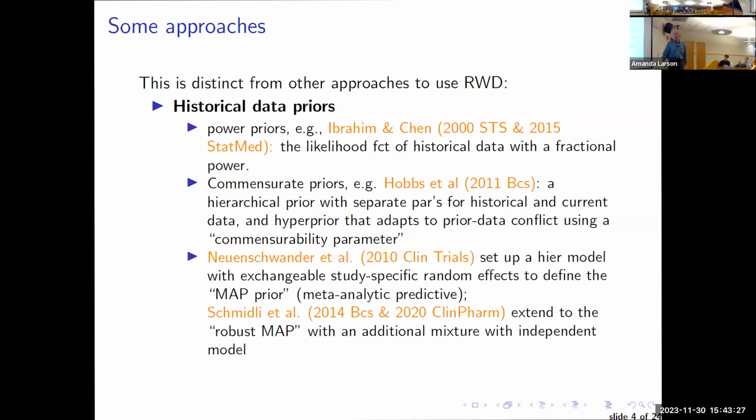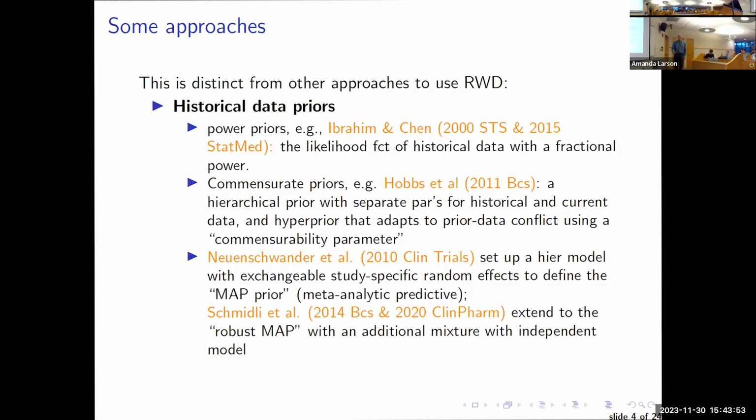Neuenschwander and others set up something that's reasonably popular in drug development in the pharmaceutical industry. They call it the MAP prior. What they simply do is set up a hierarchical model across studies. So each study becomes a submodel of a hierarchical model. If you have multiple earlier studies, then the new study just becomes the posterior predictive for yet another submodel.